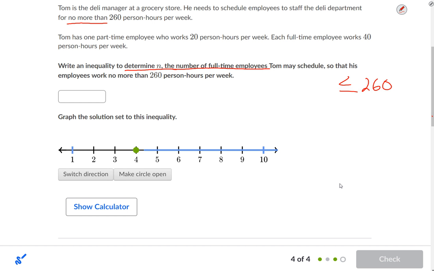And we want just the number of full-time employees. Since he only has one part-time employee, how many person hours are coming from part-time employees? If there's one person working 20 person hours, how many person hours are coming from part-time employees?